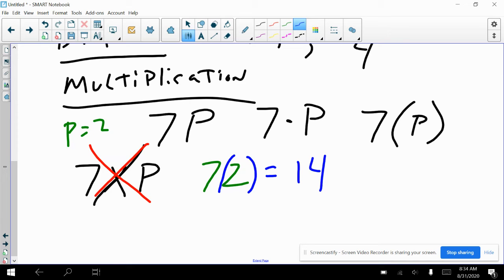Now, here's the thing. You have to know that this is the hardest one. Don't ask me why. I wish I could tell you. My only gut feeling through the years is that there is no indication of what to do. When you see the add, subtract, and division, you know to add, subtract, and divide.